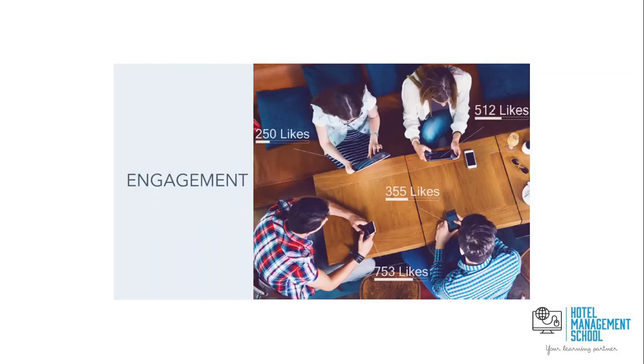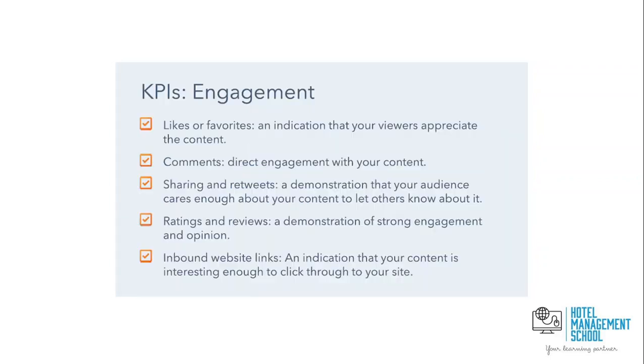Another one we look into is engagement. What kinds of engagement are we looking into? Again, we look at the number of likes. It is an indication that your viewers appreciate your content. So many likes means your content has engagement with your viewers. Another one is comments.